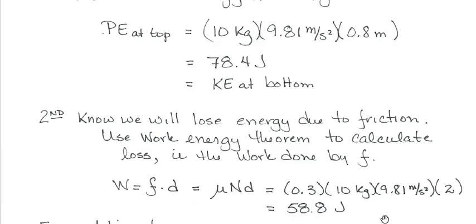We calculate that the work done by friction is going to be our 0.3 times our 10 kilograms times 9.81 meters per second squared times our 2 meters, the distance that it goes across the rough surface, and we find out that the work done by friction is 58.8 joules.